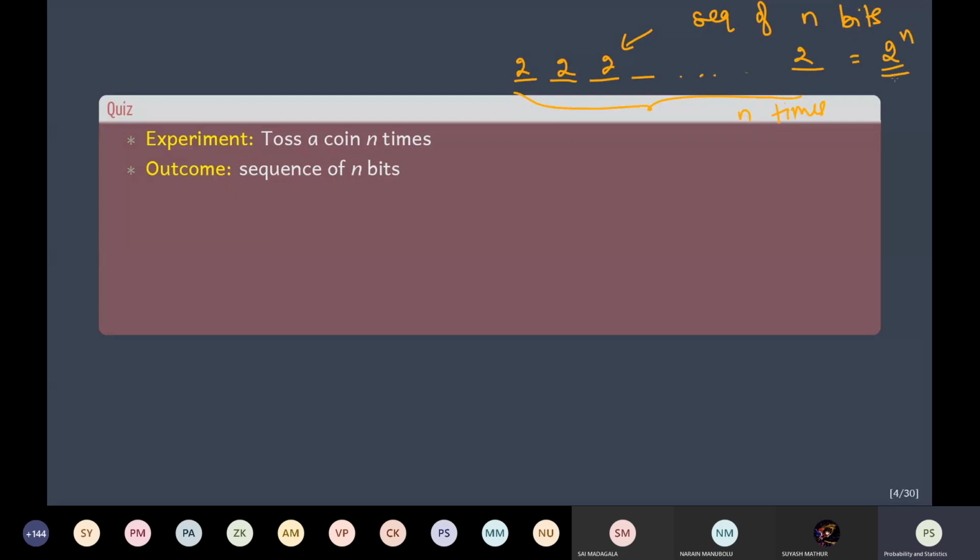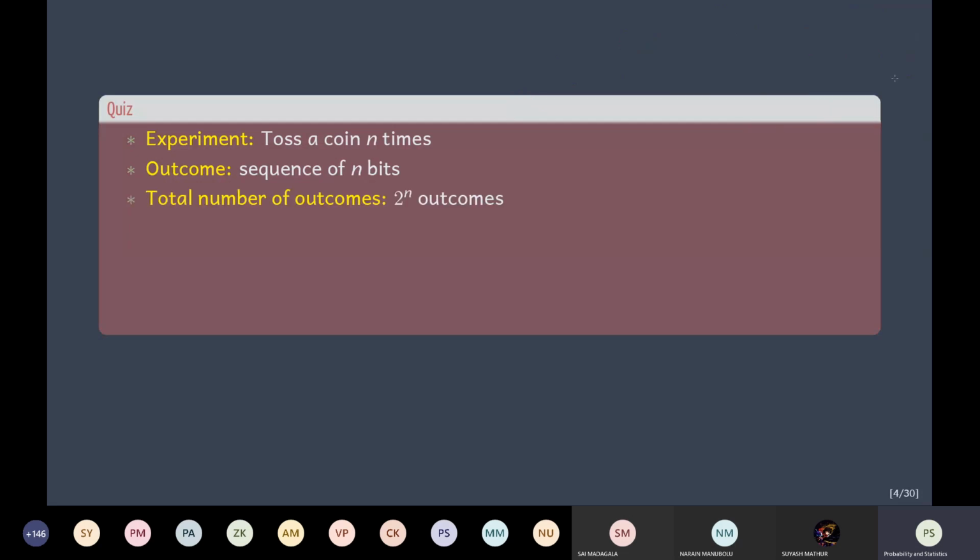In this case, the cardinality of the sample space is 2 to the n, or in other words, the total number of outcomes is 2 to the n. The assumption here is that the outcomes are equiprobable, so they happen with equal probability.